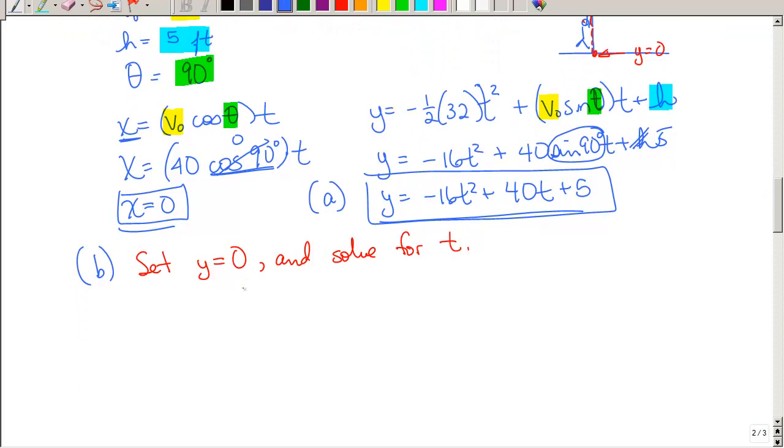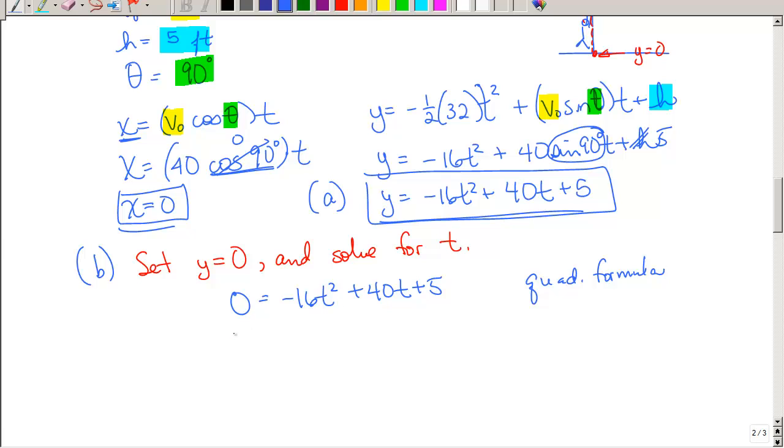So let's do that. So I'd have 0 equals negative 16t squared plus 40t plus 5. That's a quadratic. It's not going to factor. You're going to need to use the quadratic formula. You need to get out a calculator.